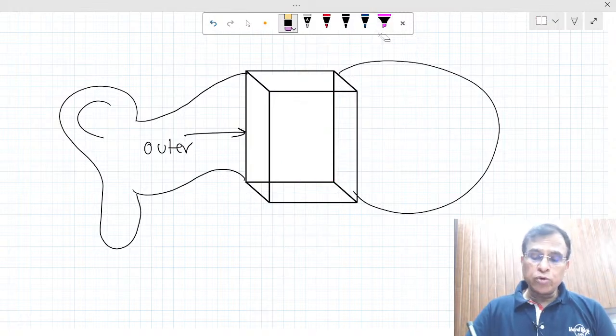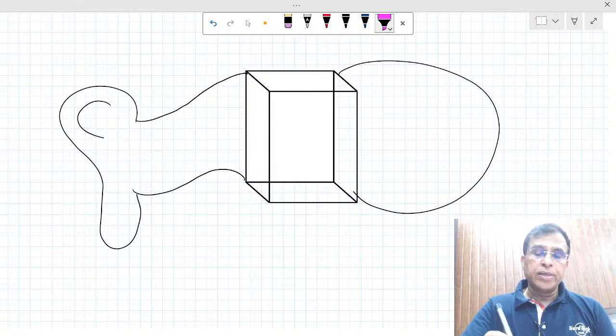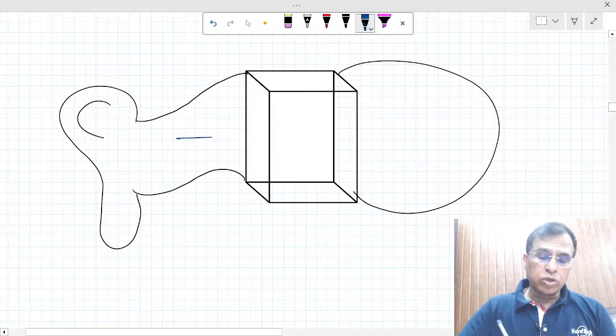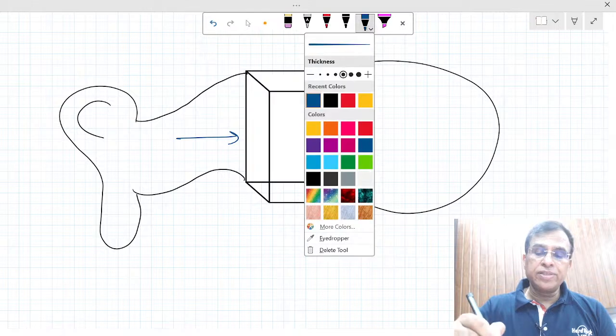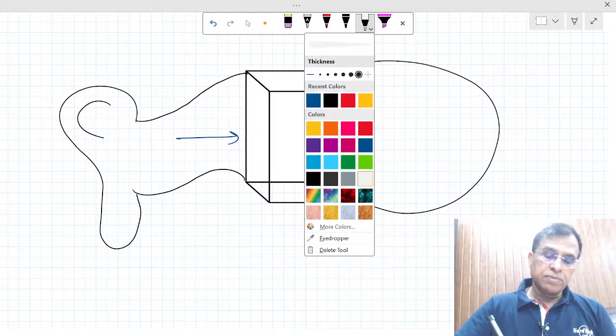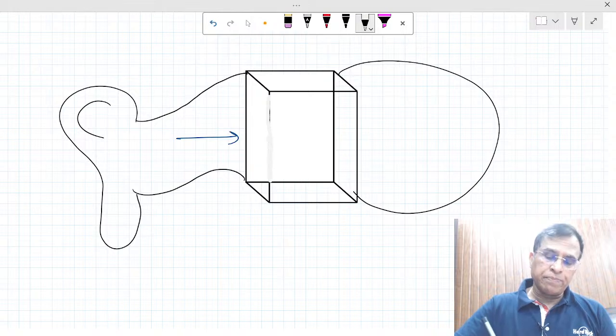Now, you know this outer boundary, because we just discussed that the outer boundary of the middle ear is made up of tympanic membrane. Remember, tympanic membrane is like a border between the external and middle ear.